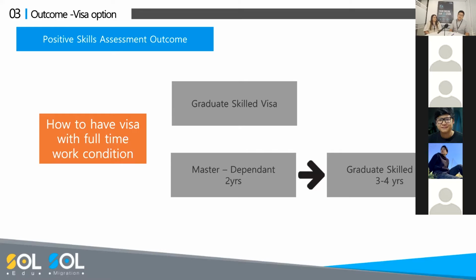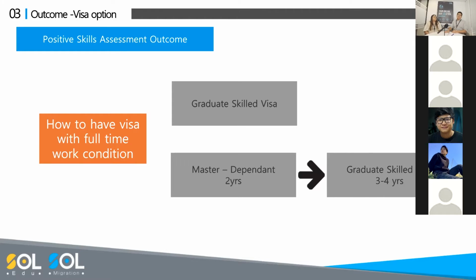Then he realized that he needs a visa which gives him full-time work rights. So he comes back to me and we discuss visa options, but he doesn't want to study again, but he has his girlfriend. We found that his girlfriend has a bachelor degree in her home country as well. So his girlfriend decided to study a master course in Australia.